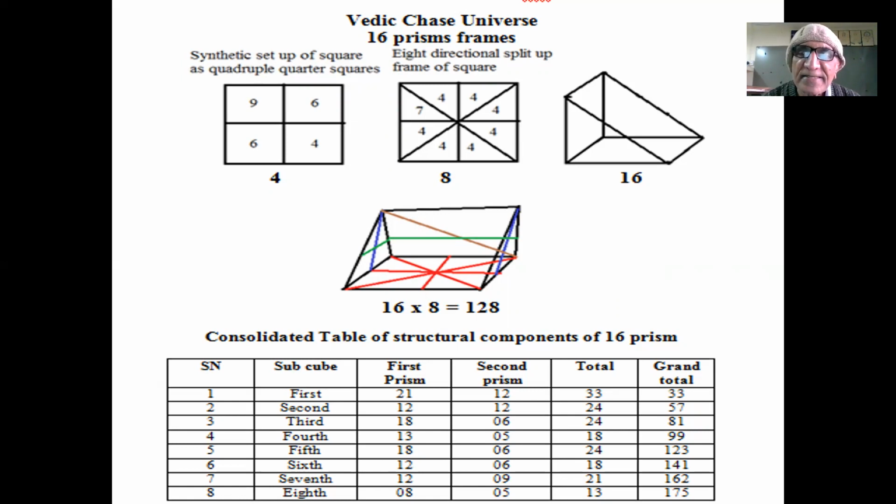Along this structures out the cube as 8 subcubes, as 16 prism setups.